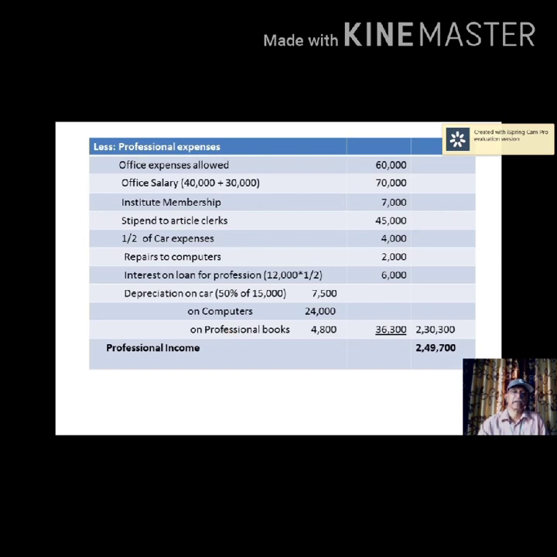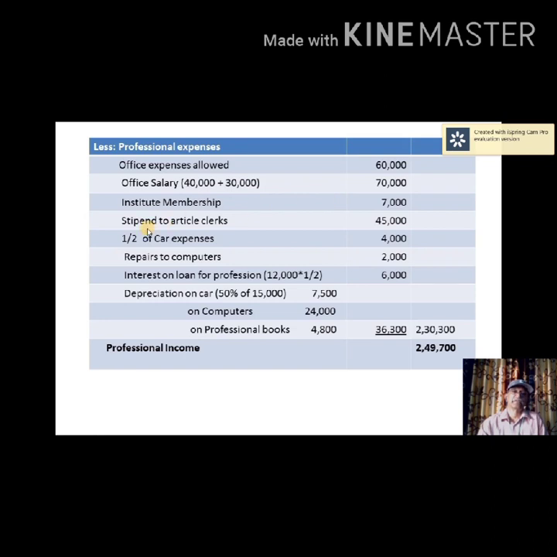Now from 4,80,000 you have to deduct the total professional expenses. Now what are the professional expenses? Already I have explained. Let me quickly run through this slide. Office expenses allowed 60,000. Office salary for both the previous years 40,000 and 30,000, 70,000.